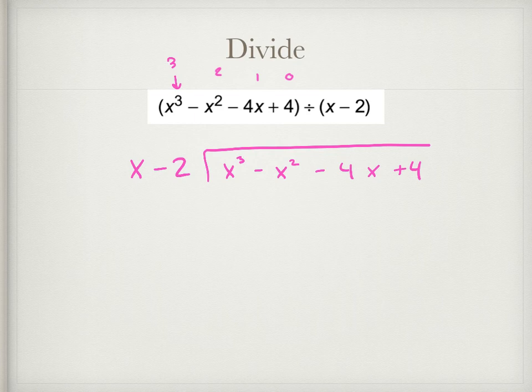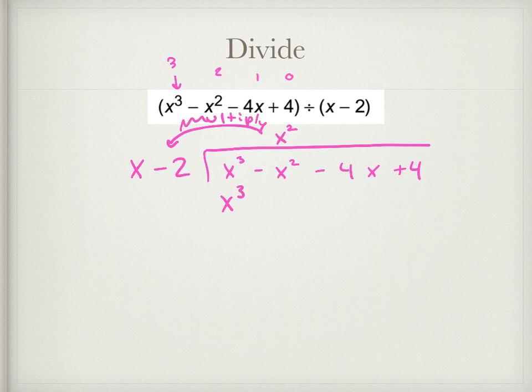X squared. Awesome. X times x squared would give us x cubed. So we put x squared on top. So now we multiply. What's x squared times x? X cubed. What's x squared times negative 2?